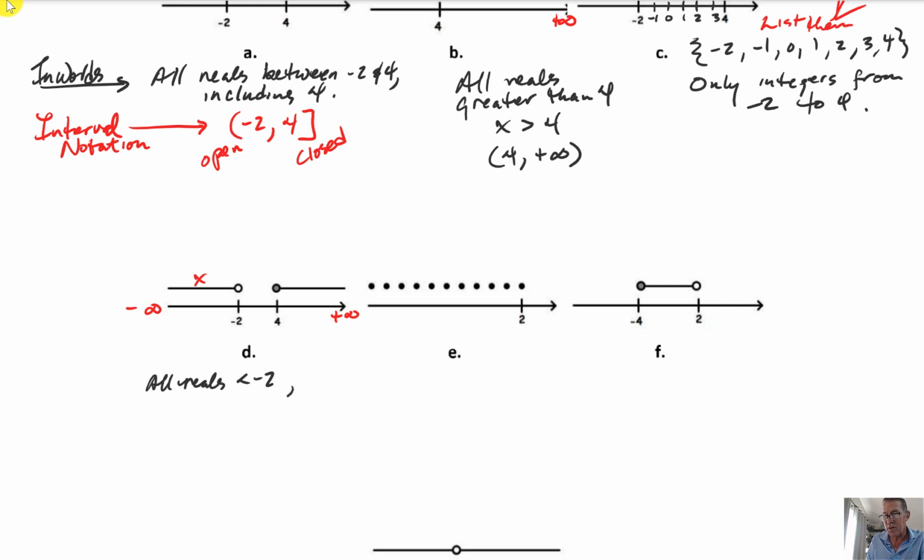In interval notation, you go negative infinity to negative 2. Or x can be over here, and that's closed, so this one's open, this one's closed.